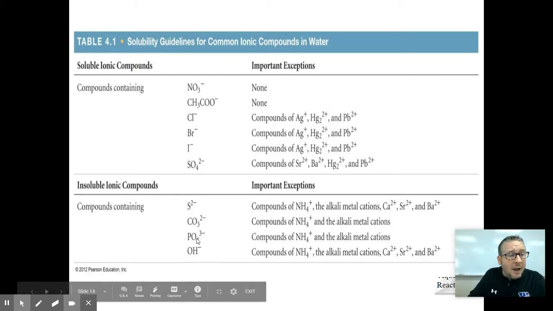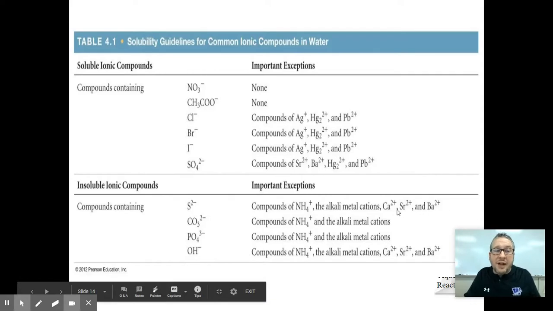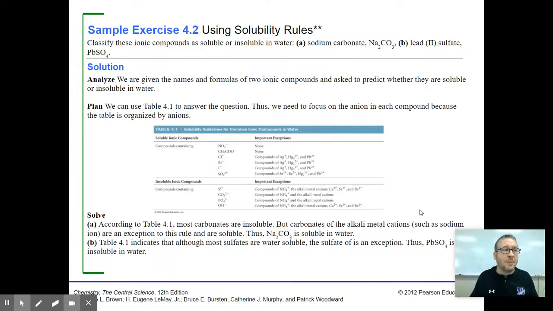Anytime you have ammonium or alkali metals, they're going to be soluble if they bond with them. With hydroxide and sulfide, if you add calcium, strontium, or barium to them, they will also become soluble. So let's take a look at some examples here.